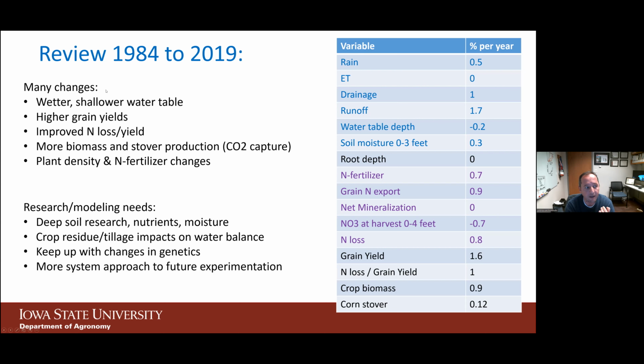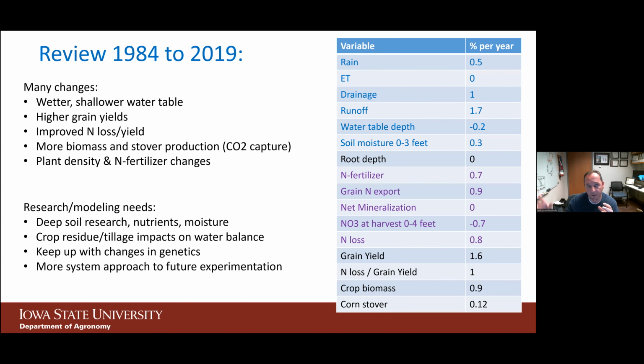In general, it is getting wetter and the water table is getting shallower. We get much higher yields, and we have improved nitrogen loss per yield, which is an important indicator of performance. And we get more biomass, which is beneficial as we talk about soil health and carbon sequestration.